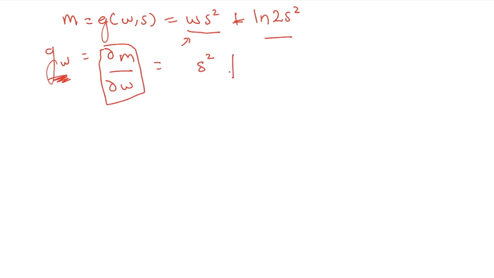Okay, and then differentiate this. When we want to differentiate this with respect to W, do you see W here? When you don't see W, that means the whole expression here, we consider it as constant. So when you differentiate it with respect to W, it becomes 0 because no W is there, isn't it?